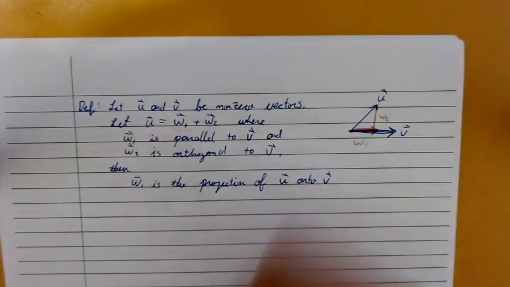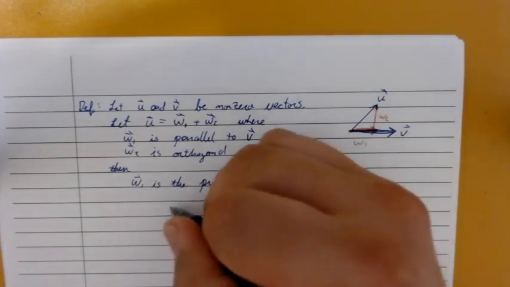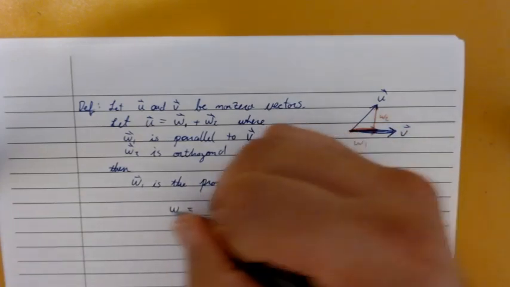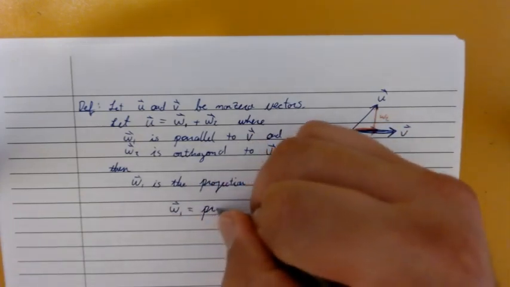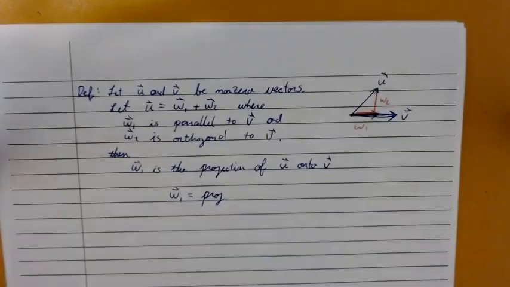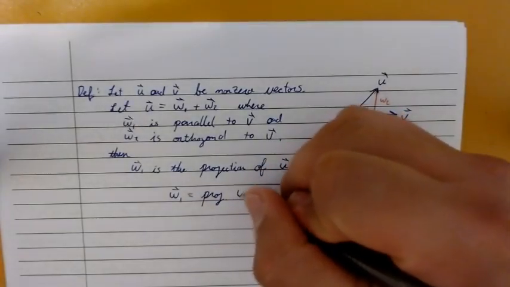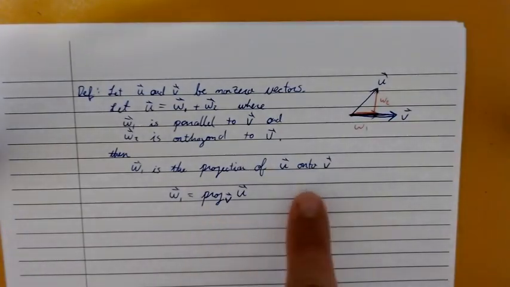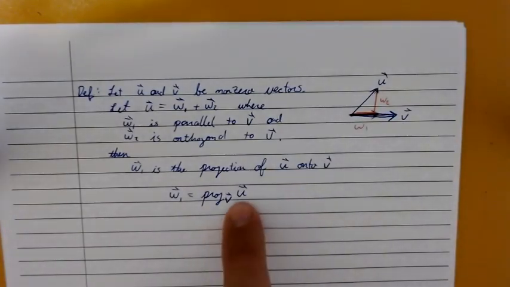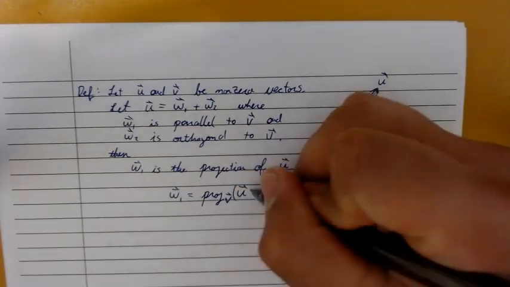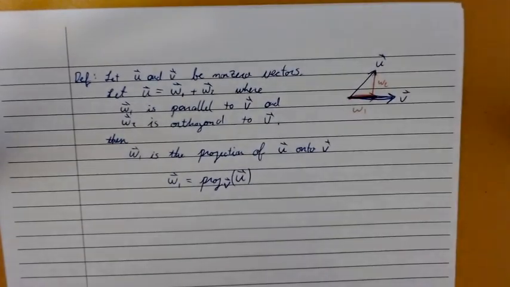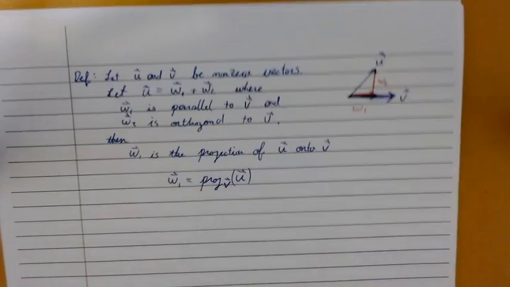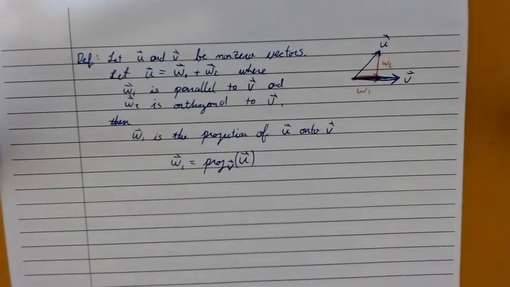And it's denoted w1 equals the projection, P-R-O-J, of u onto v. The subscript is the one you're projecting onto. u is the one that's doing the projecting. Like this. So w1 is the projection of u onto v.